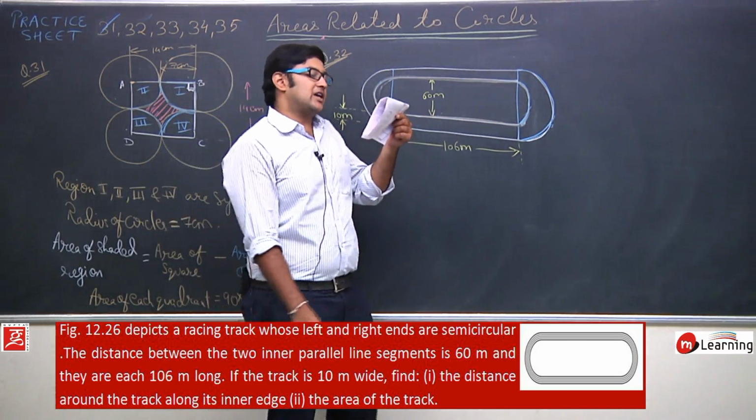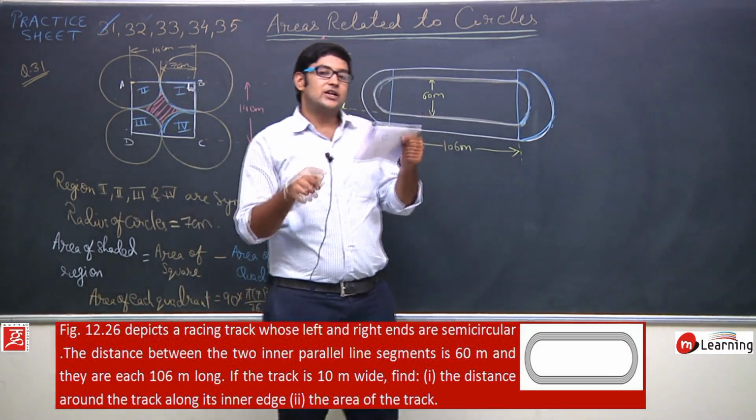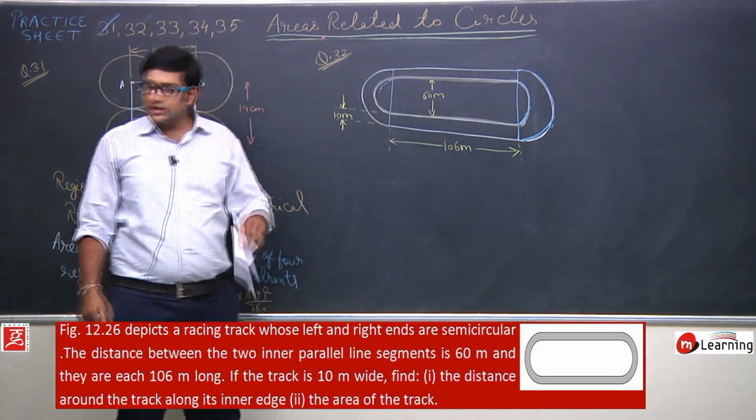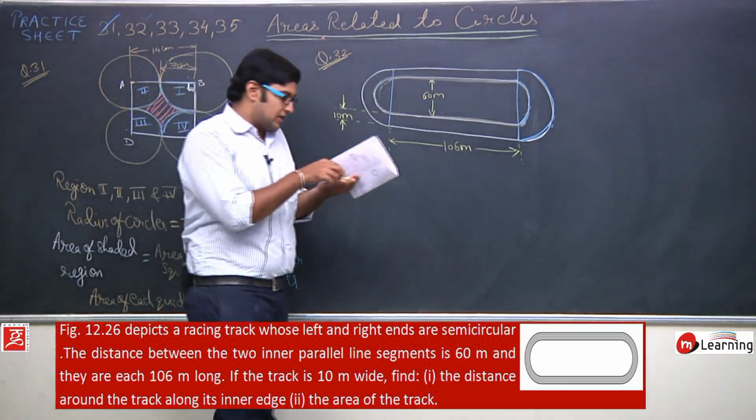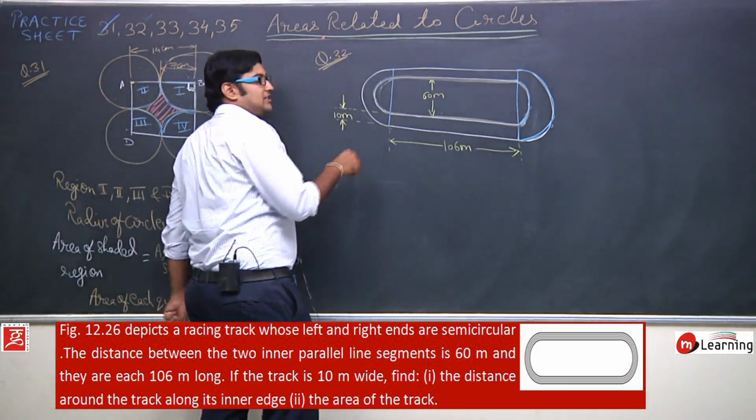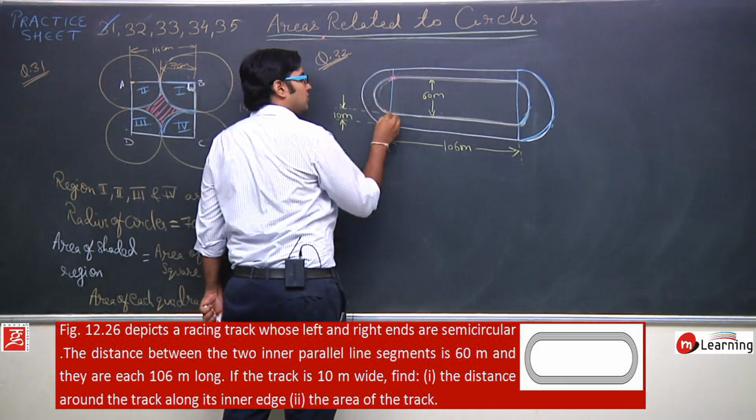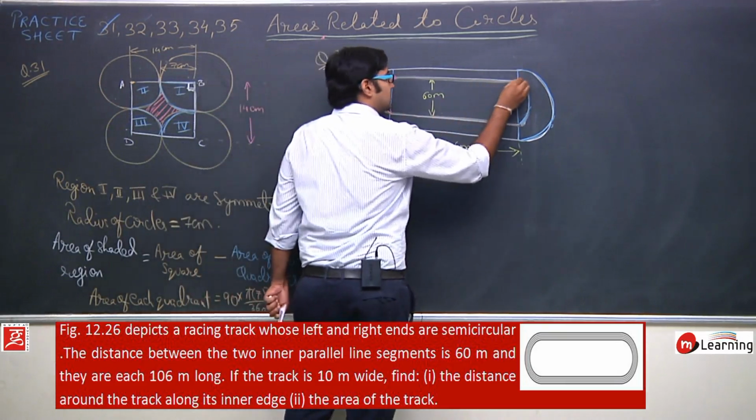It says the distance around the track along the inner edge. So the distance along the track around the inner edge, we can see it is divided into 4 parts.